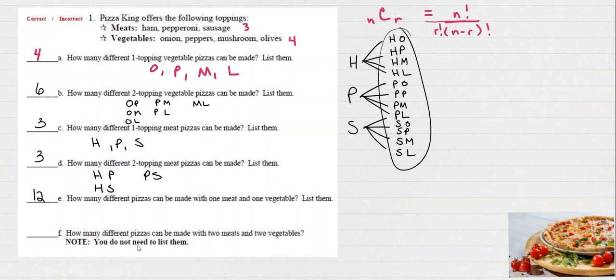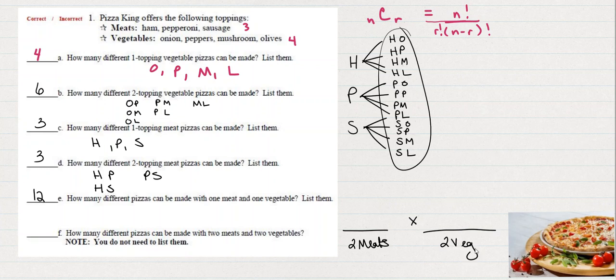And then how many different pizzas can be made with 2 meats and 2 vegetables? Now this is going to get to be quite a bit more, so I'm not going to do a tree diagram for this, and I'm not going to list them. I'm just going to use the counting principle. So if I were to look for 2 meats, how many different ways can I choose 2 meats? And multiply that by 2 vegetables.